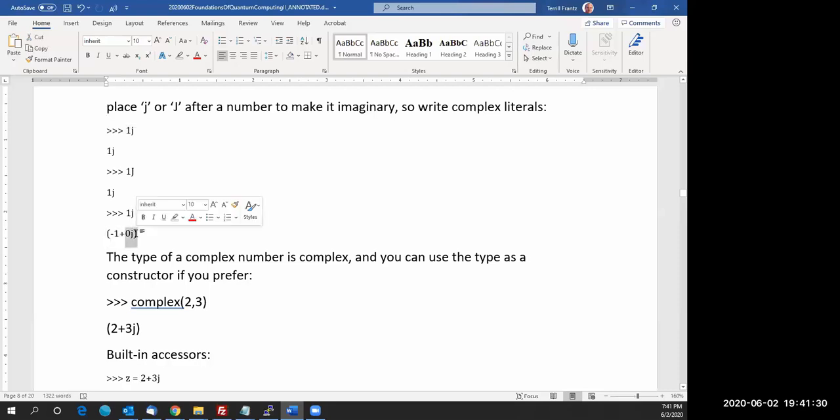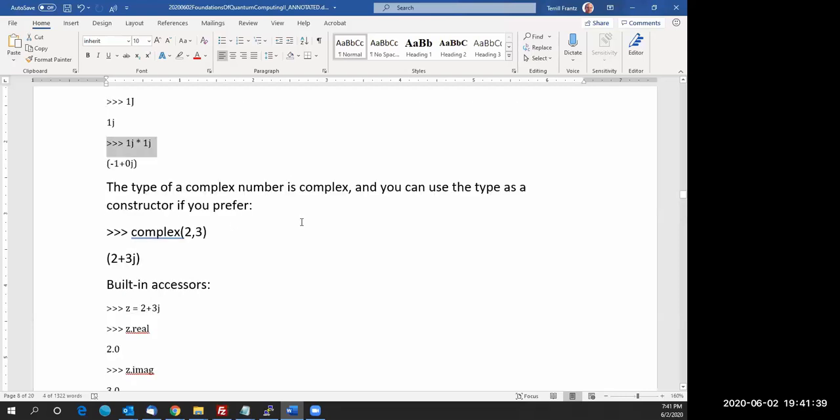And 0 times j is 0, so you end up with -1. So this is the same as i squared. And in Python, you have these, I guess they're called functions, where you can give the rectangular coordinates.